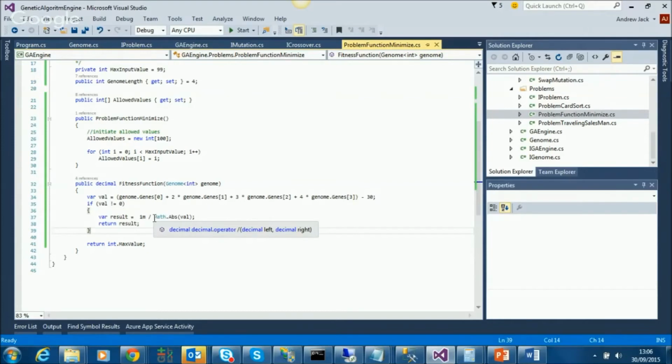It's going to produce a very low fitness score. Decimals are going to produce higher fitness scores. And if the value is 0, which means we found a solution because minus 30 is equal to 0, this is what we want, we're just going to return int max. And that's going to allow us to differentiate, basically.